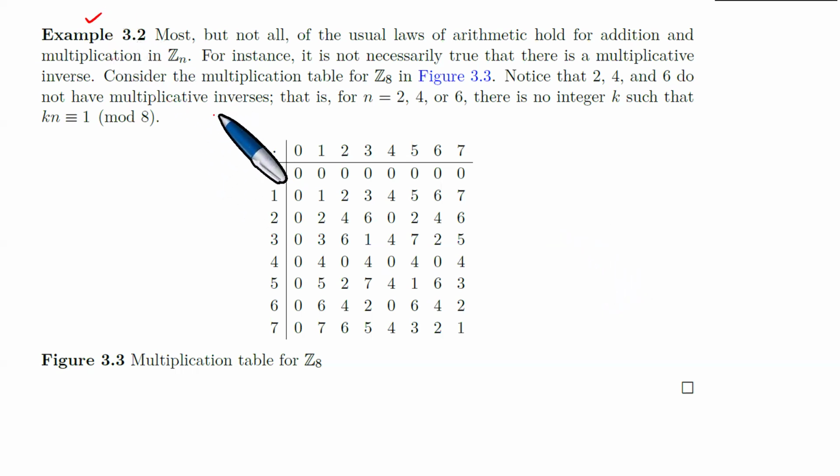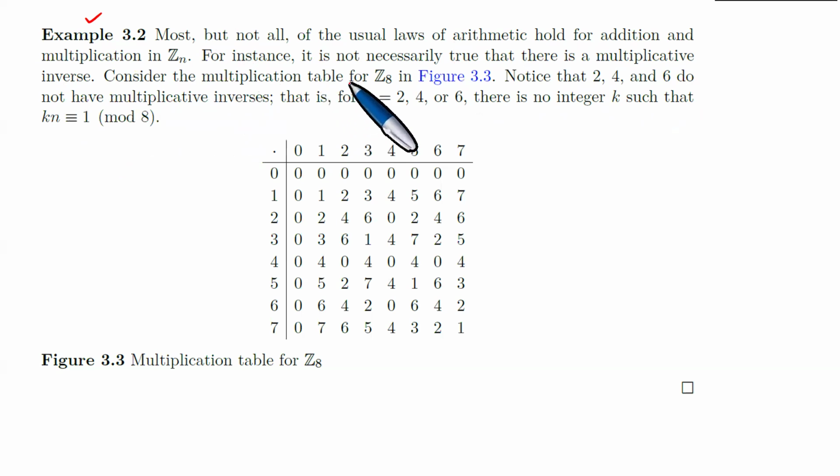Like example 3.2: most but not all of the usual laws of arithmetic hold for addition and multiplication in modulo n. For instance, it is not necessarily true that there is a multiplicative inverse. In other words, sometimes there is no multiplicative inverse.